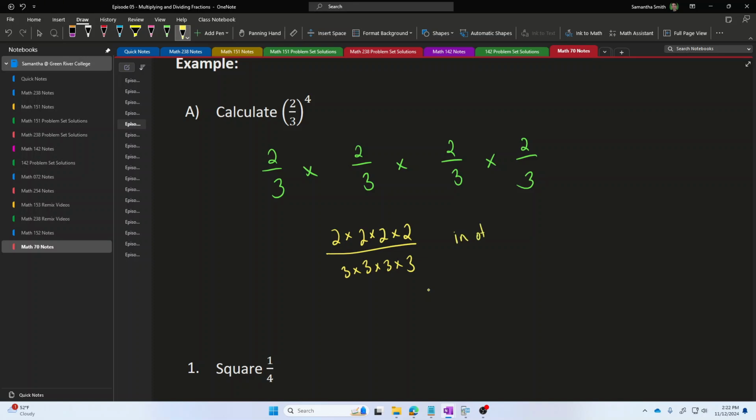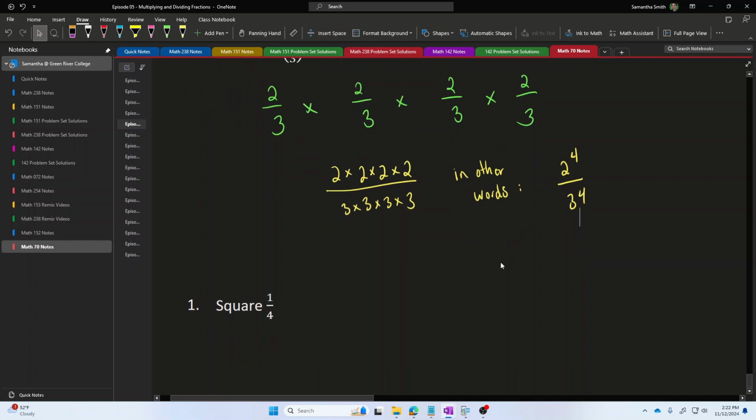So in other words, this calculation is asking me to do basically just 2 to the 4th power in the numerator and 3 to the 4th power in the denominator. Multiply 4 copies of 2 together on the top and 4 copies of 3 together on the bottom.